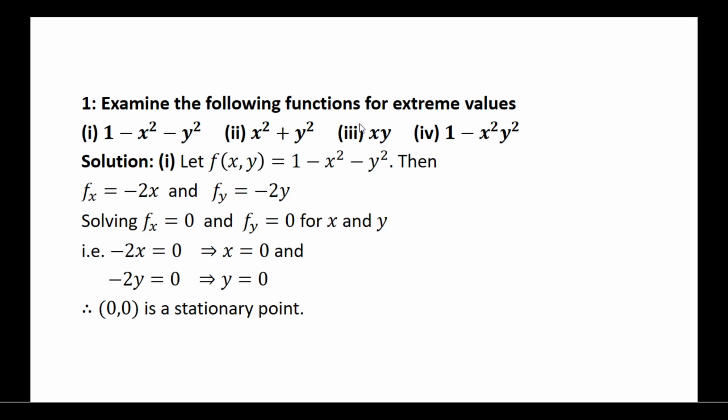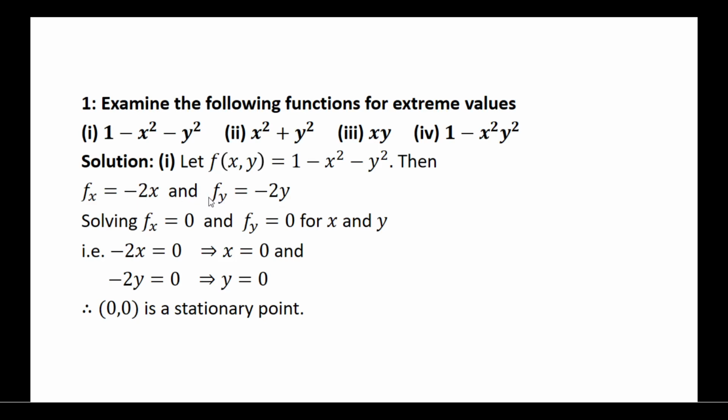Examine the following function for extreme values. The first problem: 1 minus x square minus y square. We'll consider this function as f of x comma y. Now differentiate this partially with respect to x and y. So fx is given by minus 2x, fy is given by minus 2y.